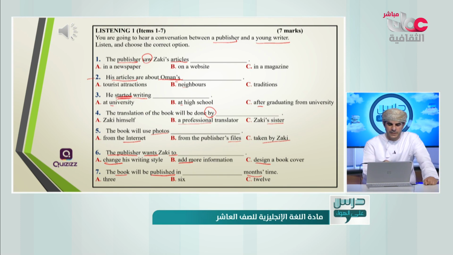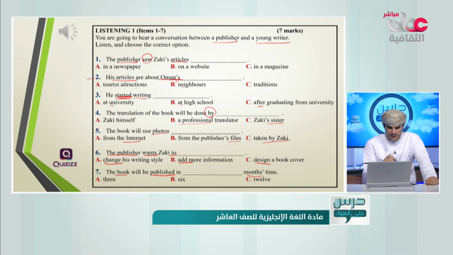Now try to guess the answers. It doesn't have to be true, but just to put you in the conversation itself. The publisher saw Zaki's articles in a newspaper, website, or a magazine. Maybe newspaper, maybe magazine, maybe website, we don't know. We just pick anything. His articles are about Oman's tourist attractions, neighbors, traditions. So about Oman, maybe logically tourist.